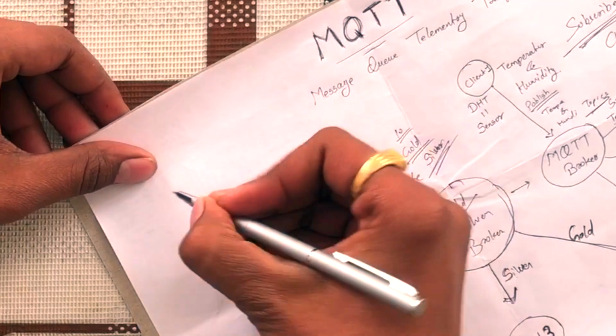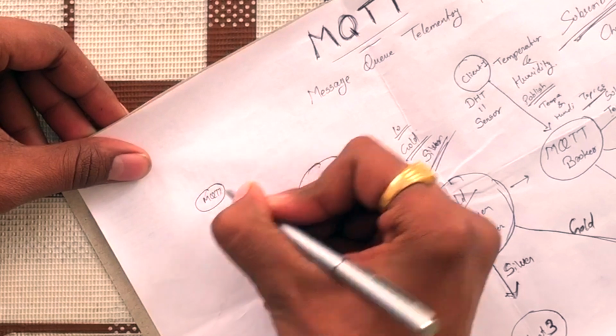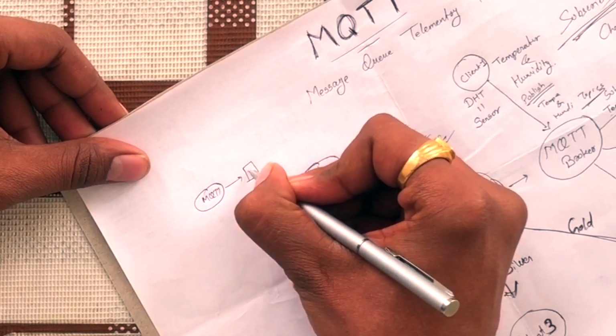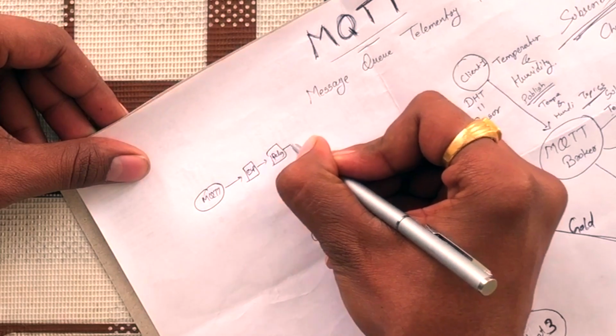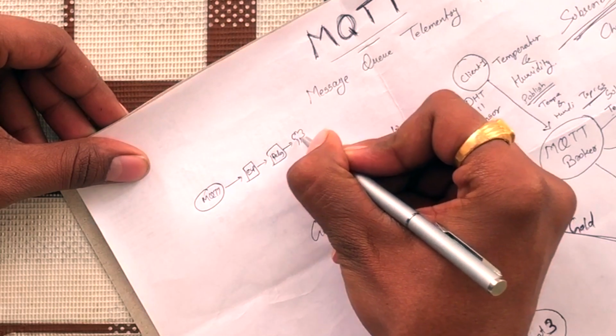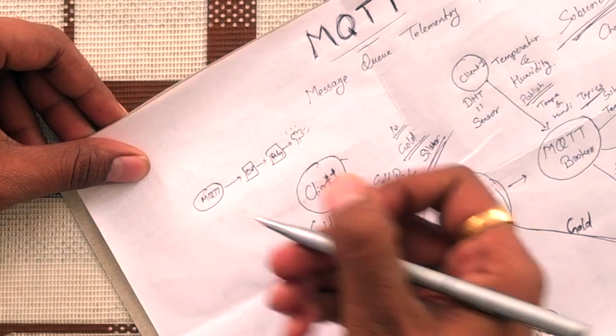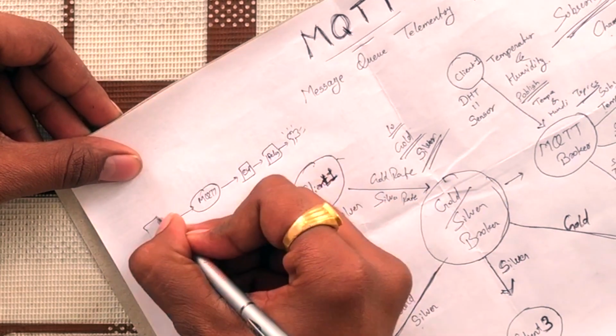Other than that, you can make projects like controlling home appliances using the MQTT protocol, in which what you will do is, here is the MQTT broker. Here is the microcontroller, let's say an ESP. Here is the relay and here is the bulb. I'm sorry about the diagram. And here is my smartphone.